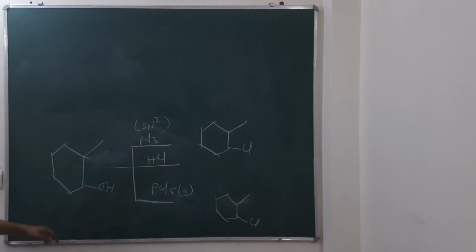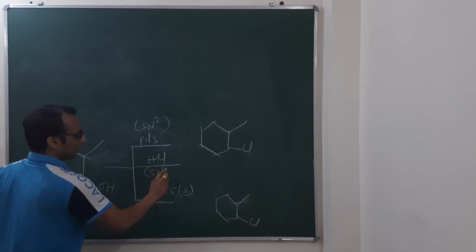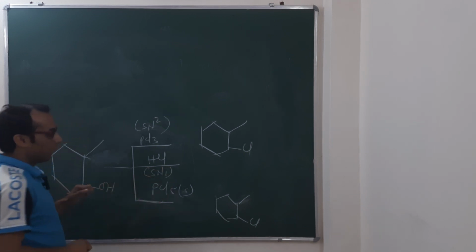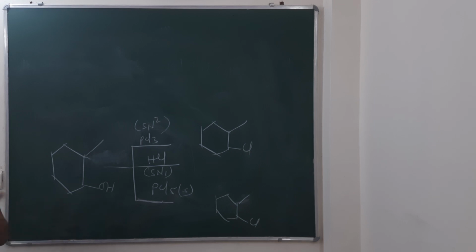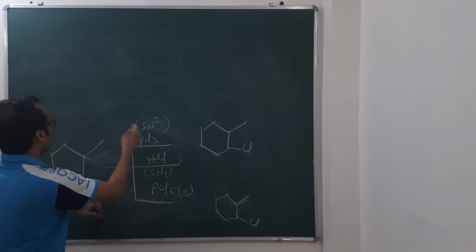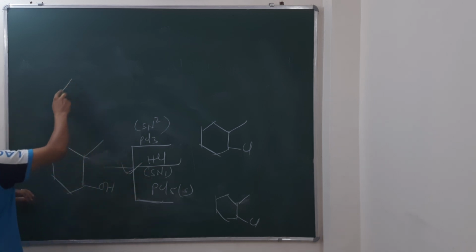But in HCl, students, HCl follows the SN1 mechanism, and SN1 follows the rearrangement process. So through SN1, what happened? The cation charge will come here, and rearrangement happens for stability of the carbocation. The cation charge will come here because a 3 degree carbocation will form. When I write this product here, you will understand what happened.